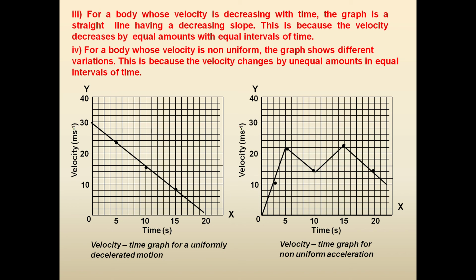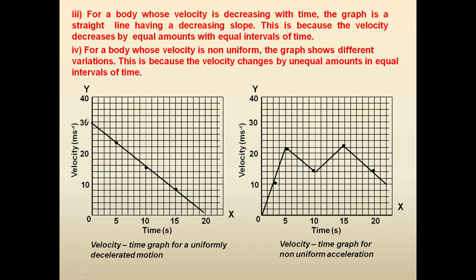Now the third type of graph is for uniformly decelerated motion. In this type of motion, the velocity goes on decreasing at a constant rate. So retardation is constant, so that is why it is a straight line again, but it is having a decreasing slope.